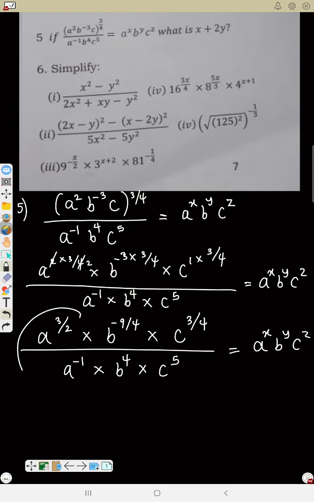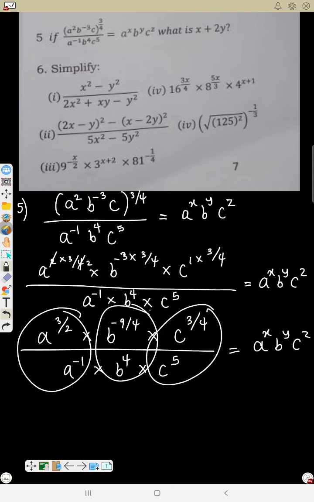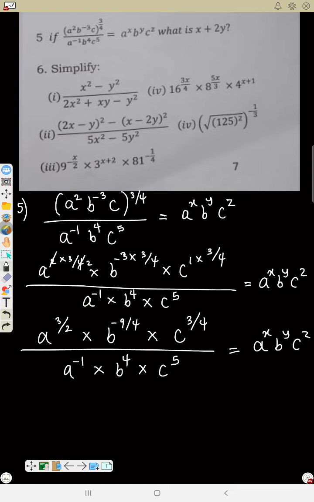Now, law of indices, we are going to divide all this. That is, we need to subtract the powers. So this becomes a raised to power 3 over 2 plus 1 over 1, because this is minus, so it is like 3 over 2 minus minus 1. So minus times minus is plus. According to law of indices, anytime you have divide, you are going to subtract the power.